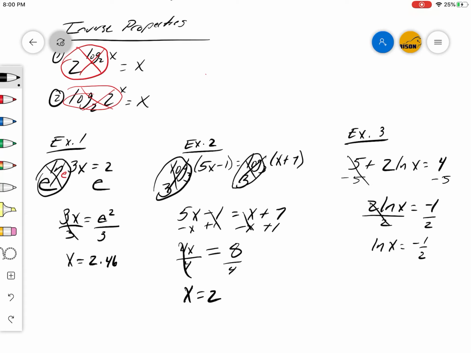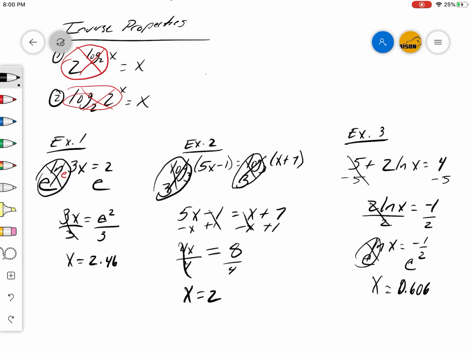So then now I can take into consideration what the base of the exponent is. So the base of the log is e, so I can do e to the power of natural log, which cancels out, just leave me with x. So then on the other side I would have e to the -1/2. You can answer it like that if you want, or you can say e to the -1/2 is 0.606.